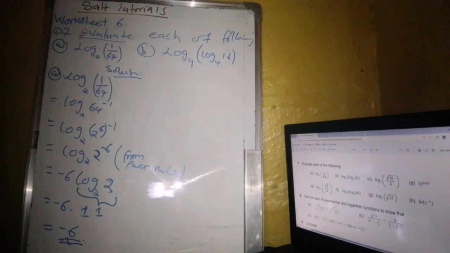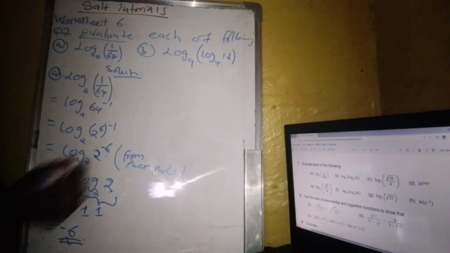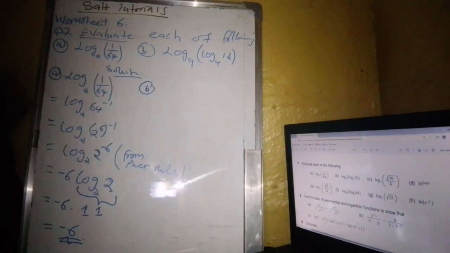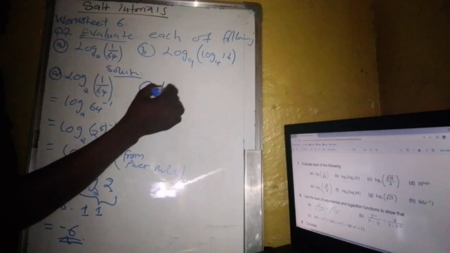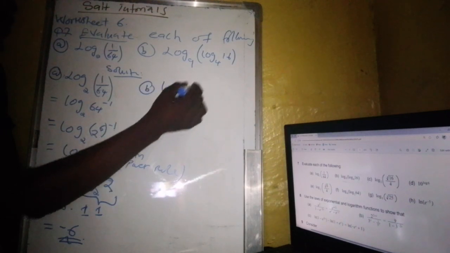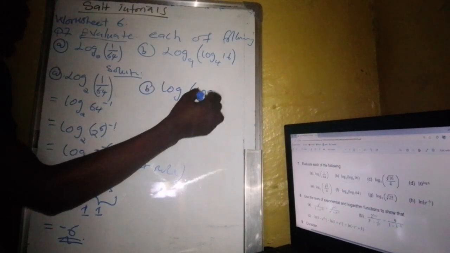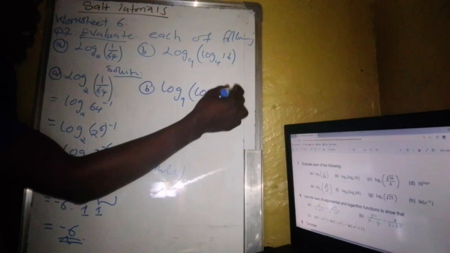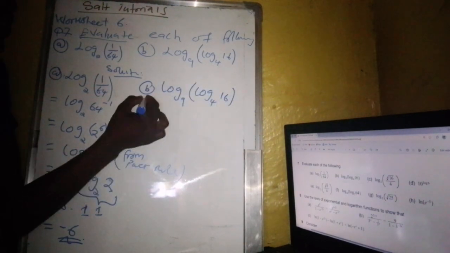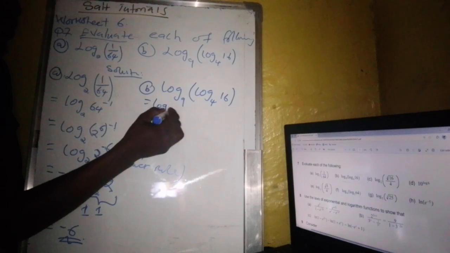Okay, the same is happening with B. B says log of 9, here we have log 4/16. So we can start working out with what is in the bracket. This can be written as log 9.